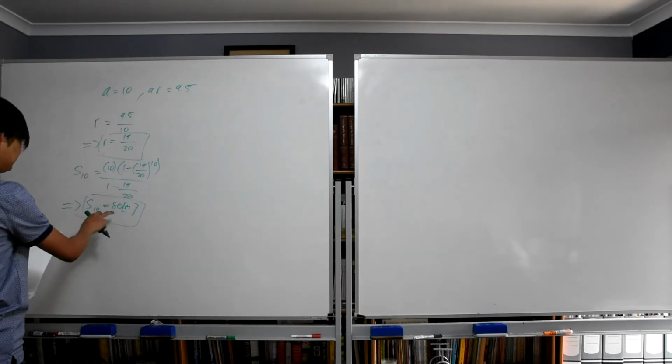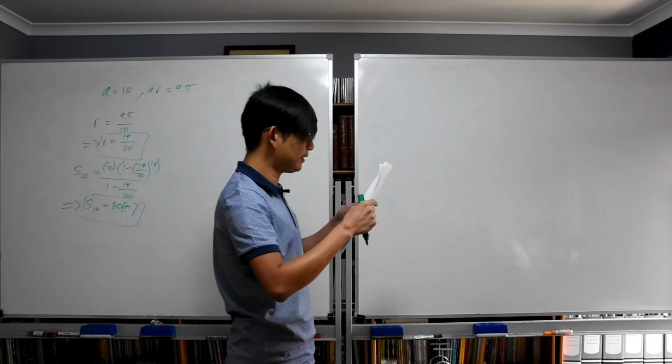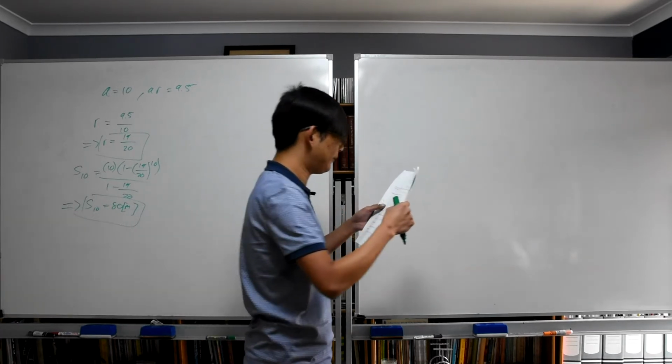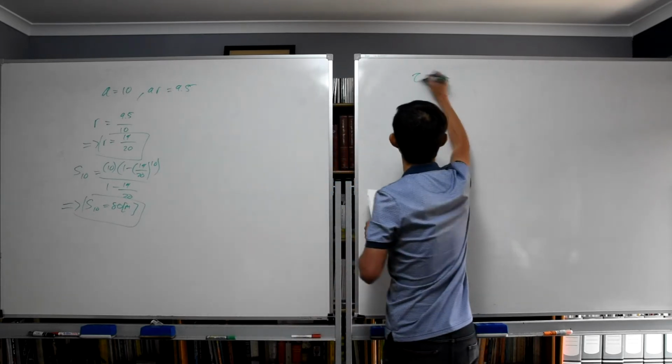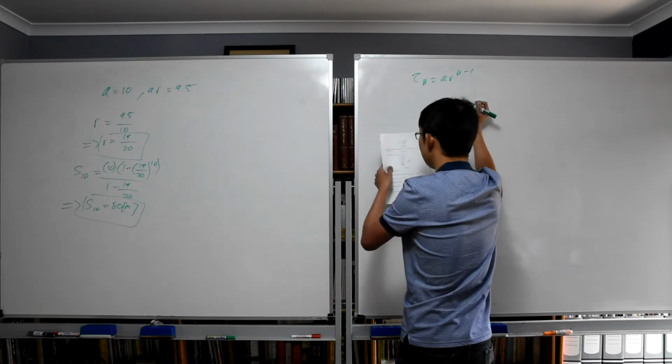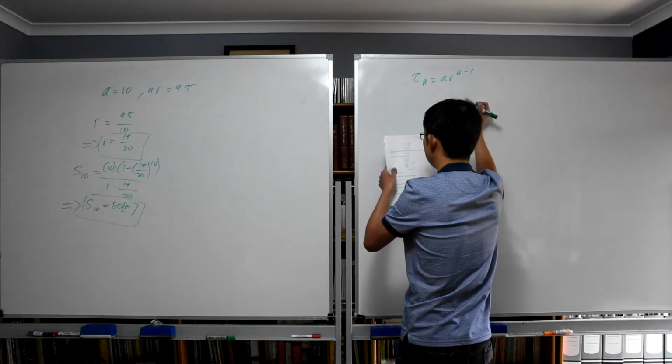The sum to 10 terms is 80 meters. As each piece of string cut off is representative of a geometric series, the term of a geometric series is given by. We want each piece of string to be greater than 1/3 meters.